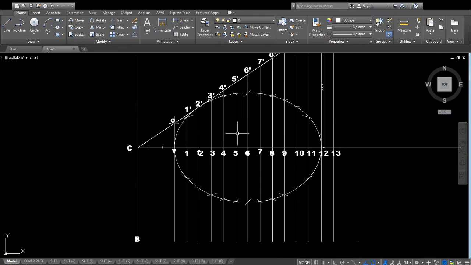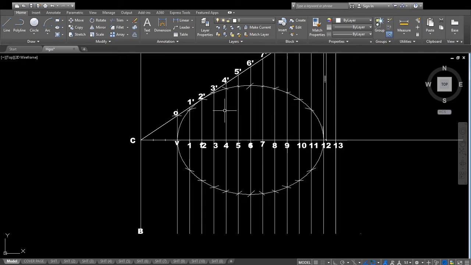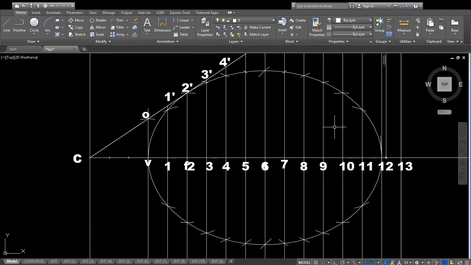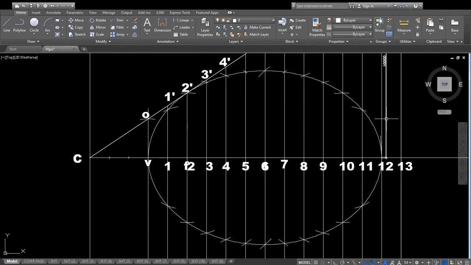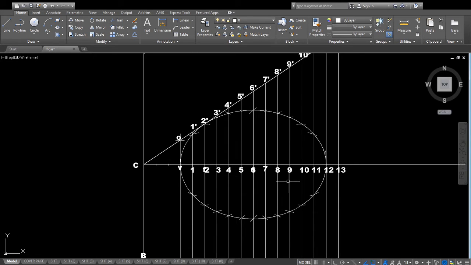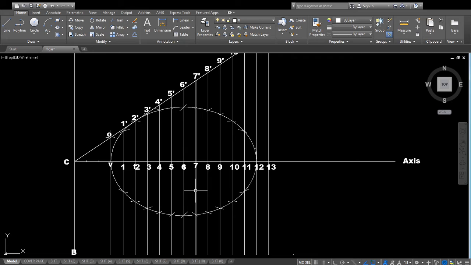You can see that all my points are in order. If you followed through all the steps, all your points will be in order as well. And if there is no error, you have this elliptical shape. So follow it through.